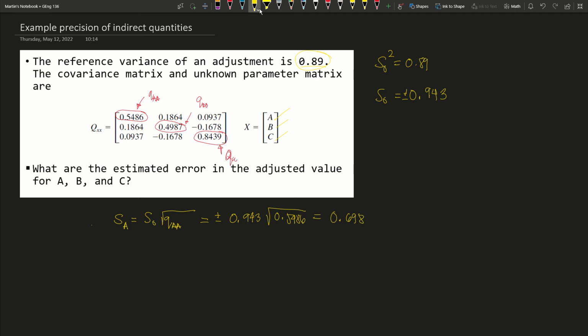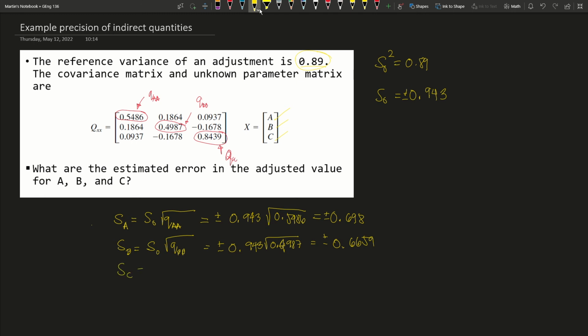So the estimated error for the parameter A is 0.698. Then to solve for B, again using this equation, it is plus or minus 0.943 times the square root of 0.4987, which is plus or minus 0.6659, or 0.666.